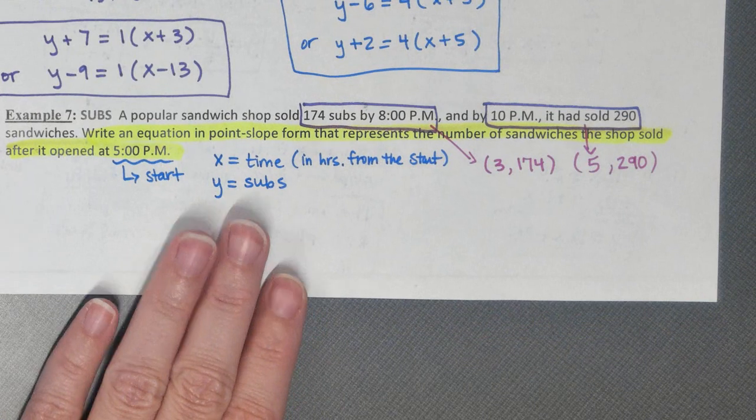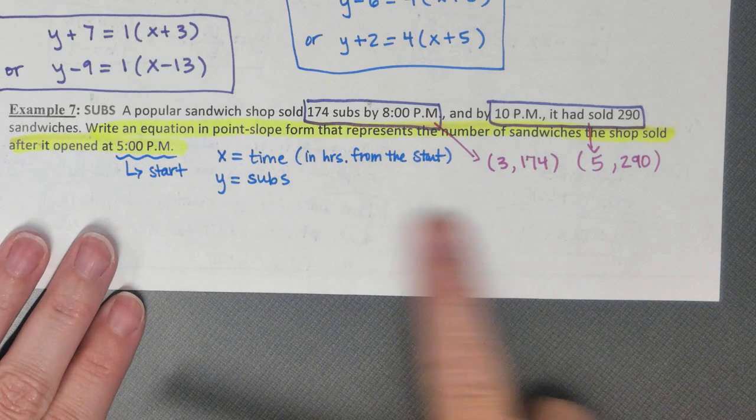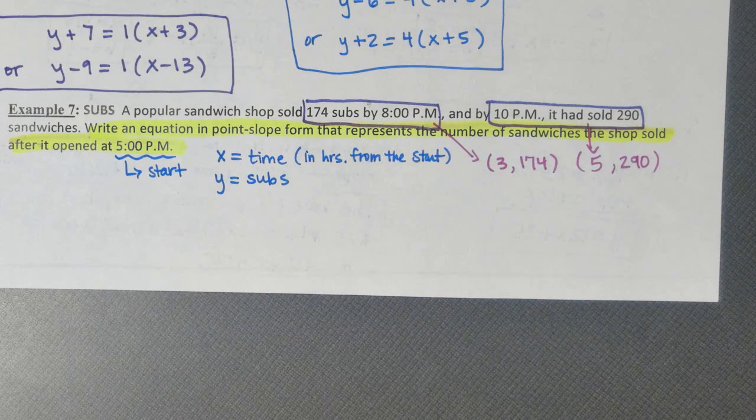Okay, so x is the time in hours from the start when they open. Y is going to be the number of subs. Okay, so I want you to go ahead and calculate the slope from there. And then you're going to write the equation in point slope form, okay?